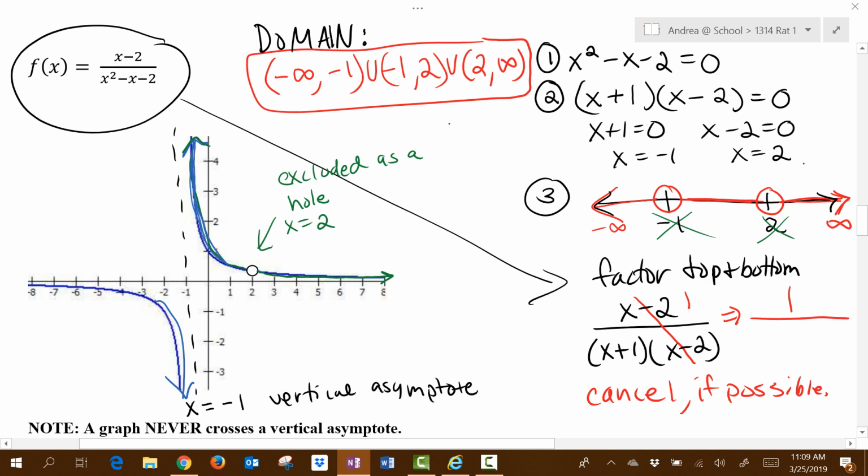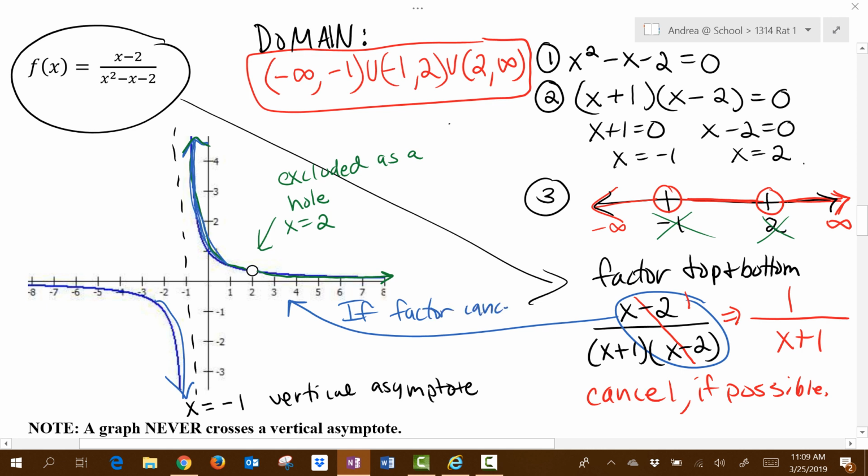So when we cancel common factors, notice that it's x minus 2 that ends up canceling out. You will have a hole at the canceled factor. So if the factor cancels, you have a hole in the graph at what makes that factor equal 0.